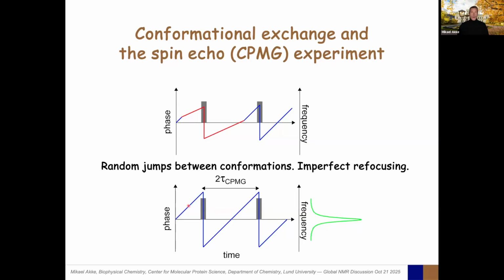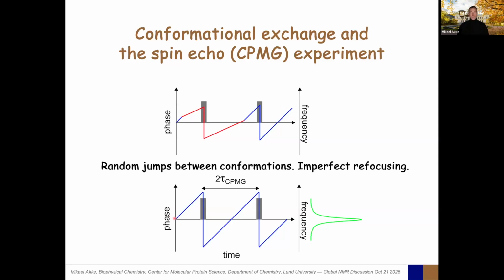So these are 180-degree pulses, these gray bars here. The slope here is the resonance frequency or the chemical shift, right? So phase, slope, resonance frequency times time, that amounts to the accrued phase. That's the magnetization swept out in the transverse plane.